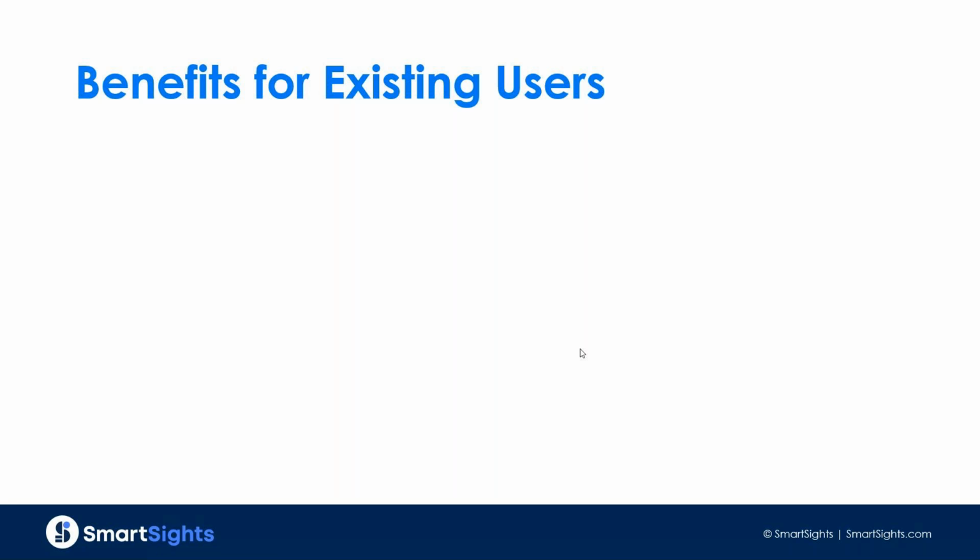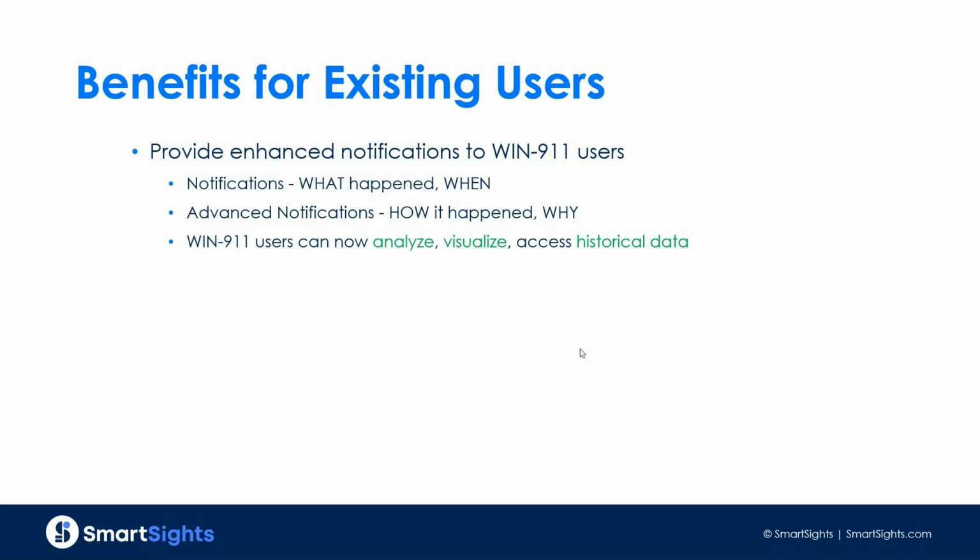The benefits for existing users. So we're looking at the Smart Bundle. We know that people in the audience here may have historically been users of Win911 or XLReporter, and everything we've talked about to this point has been benefits either for a new user or someone who's familiar with Win911. They're getting enhanced notifications with this bundle. They're getting not only an indication of what happened and when in terms of alarms, but how it could have happened and why.